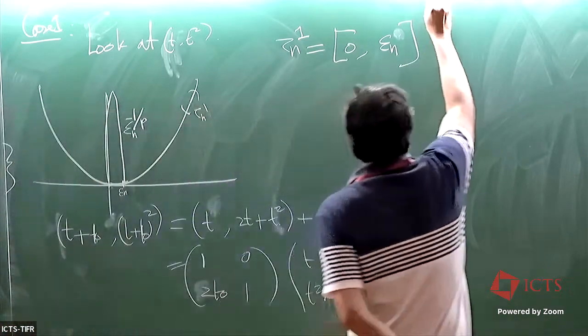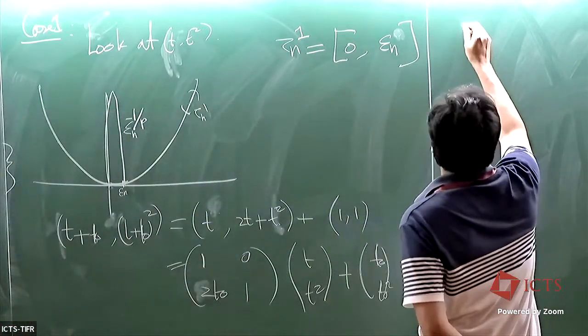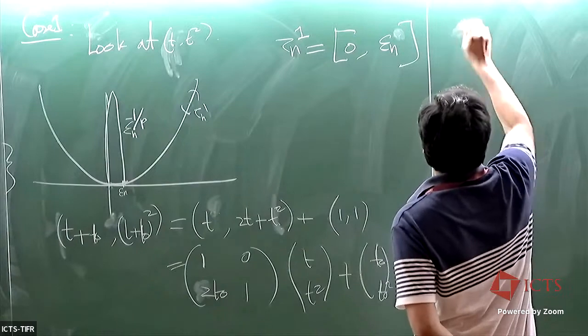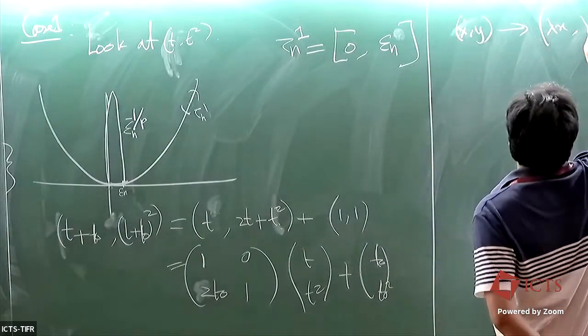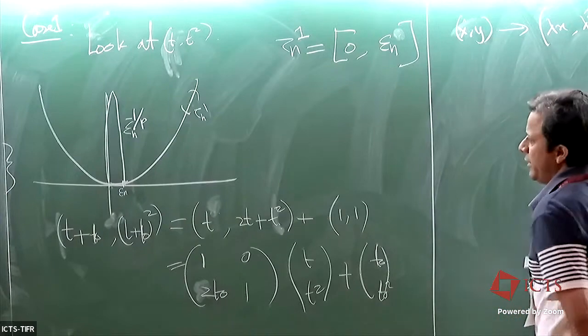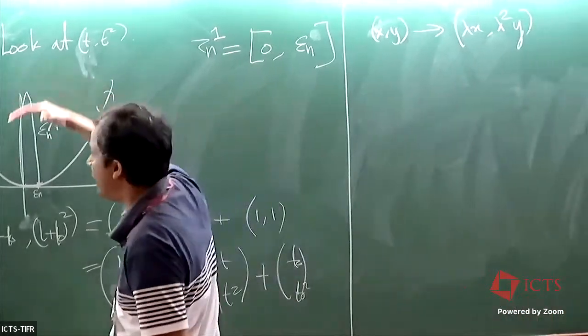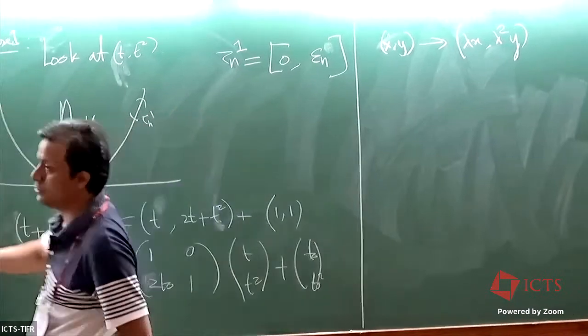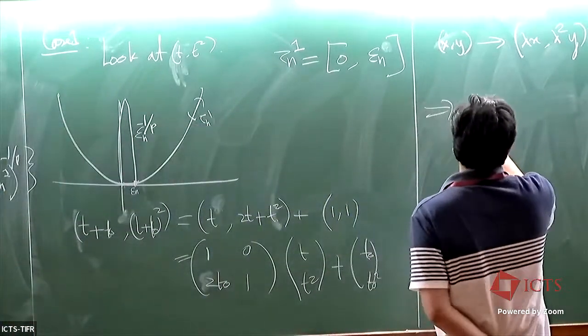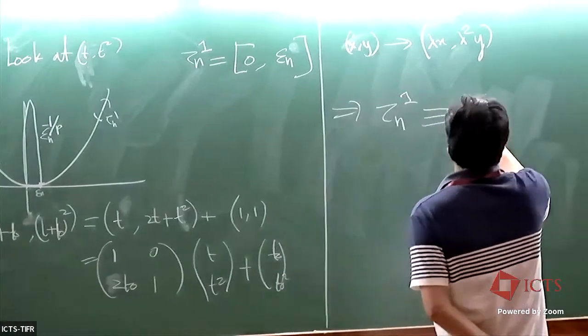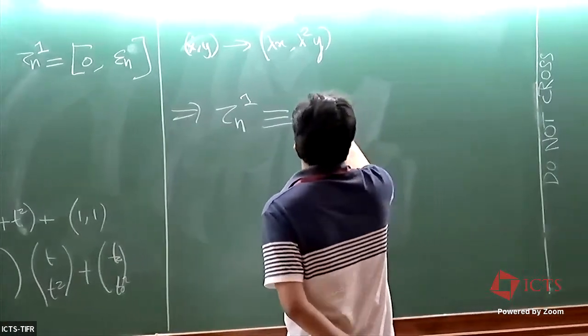And now we're going to use the scaling symmetry. The parabola is also invariant under anisotropic scaling given by lambda x, lambda square y. Meaning now I can scale it back so that the first piece looks like the characteristic function of an interval. So after all this, we can assume that tau n1 is essentially just the interval 0, 1.